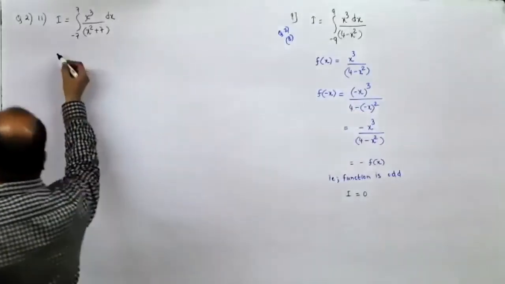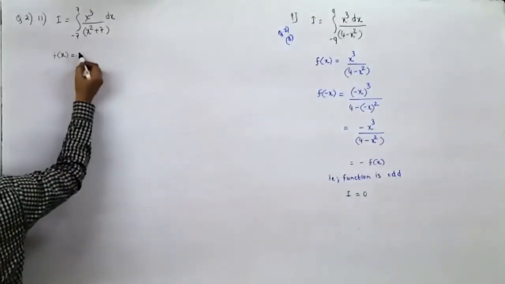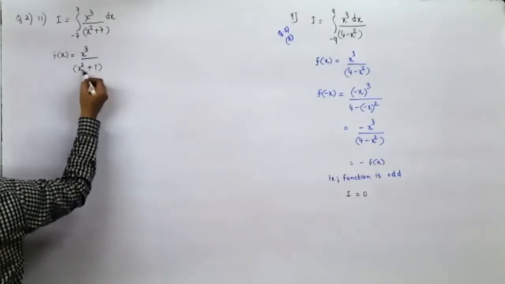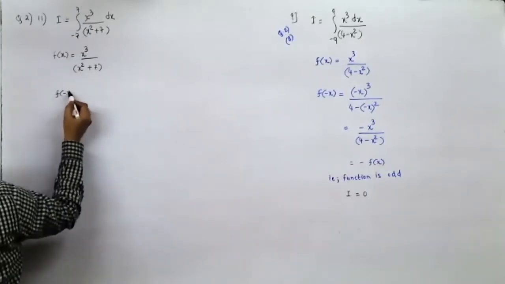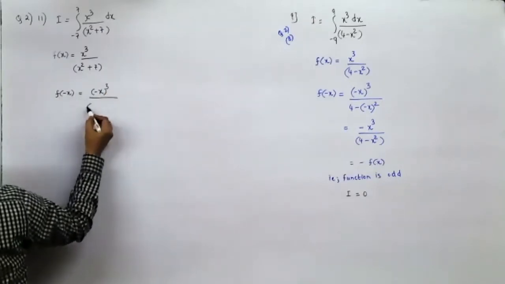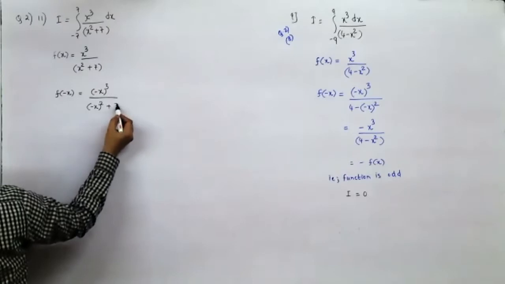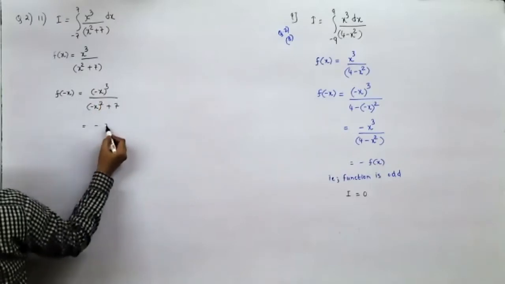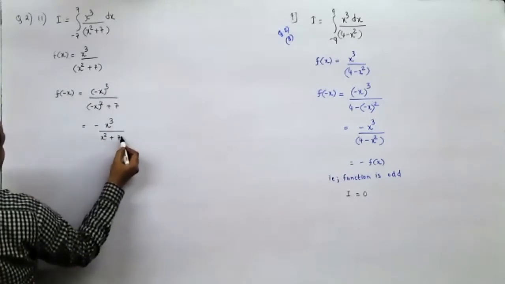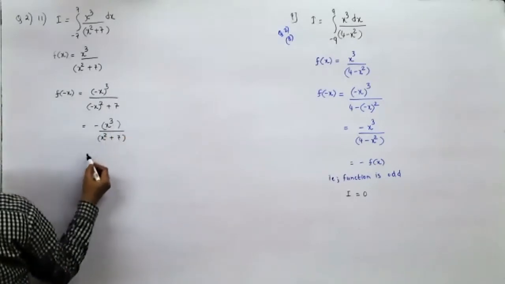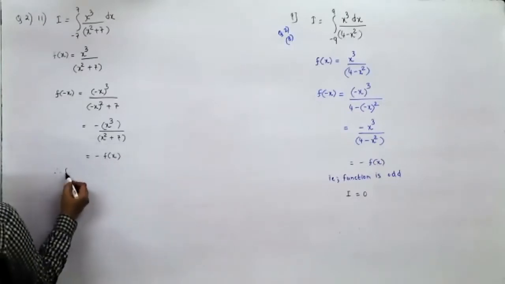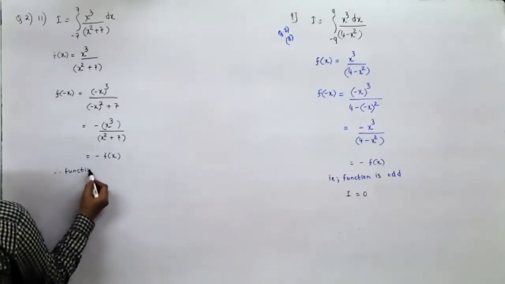I'll say this is function of x. When I take f of minus x, this would be minus x the whole cube upon minus x the whole square plus 7. This would be minus of x cube upon x square plus 7. So this is the function of x, but with a minus sign. Therefore, the function is odd and I is 0.